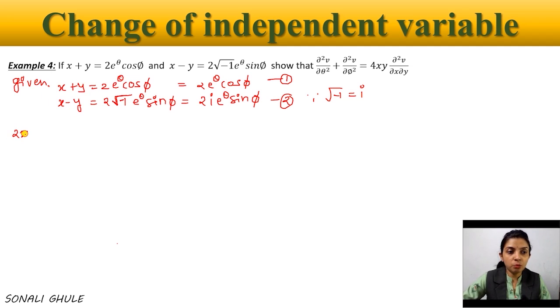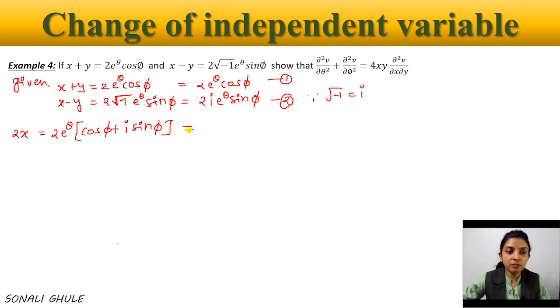I'll get 2x. If we add, 2 e to the power θ is common, and what is remaining? Yes, cos φ plus i sin φ. This is the remaining term.